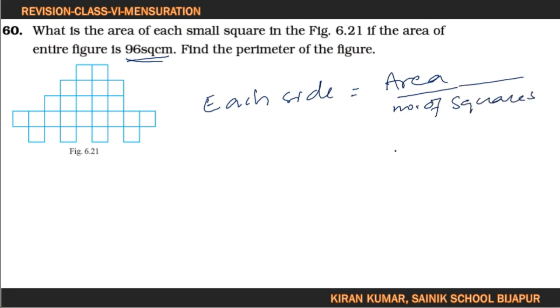So total area is given as 96 divided by the number of squares here: 2 plus 4 plus 5 plus 9 plus 4. In total, there are 24 such squares. So we'll be getting 4 square centimeter as the area of each small square.